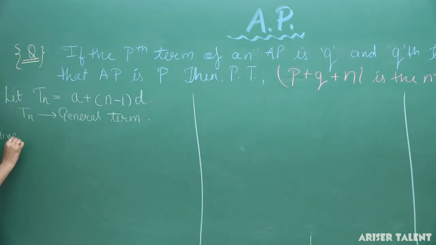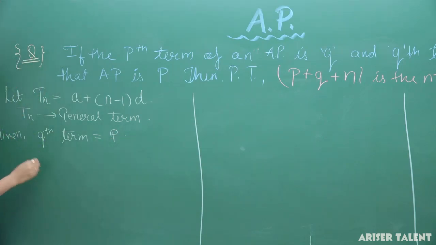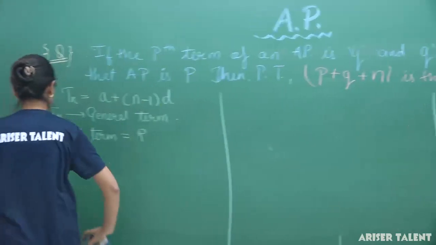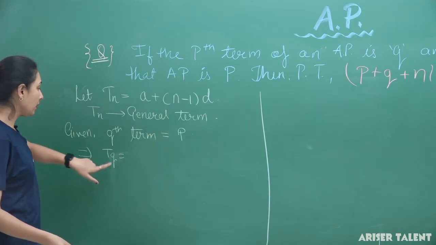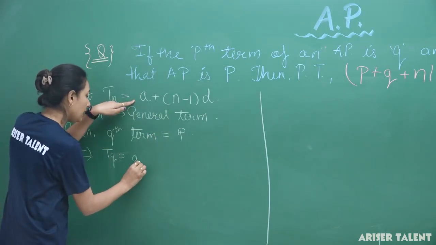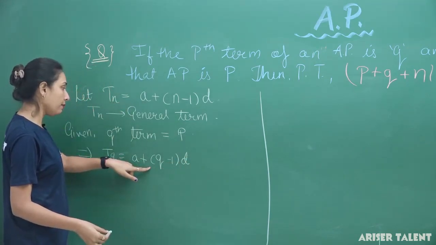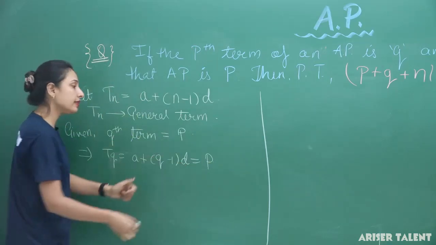Given the qth term equals P, that means Tq will be equal to what? We replace N by Q. So A plus (Q minus 1) D, and the qth term of the AP is P. So A plus (Q minus 1) D equals P. This is our equation 1.